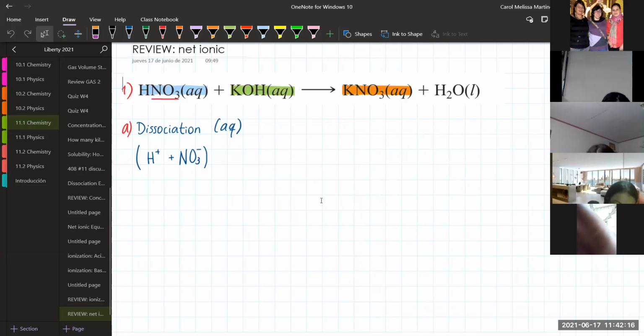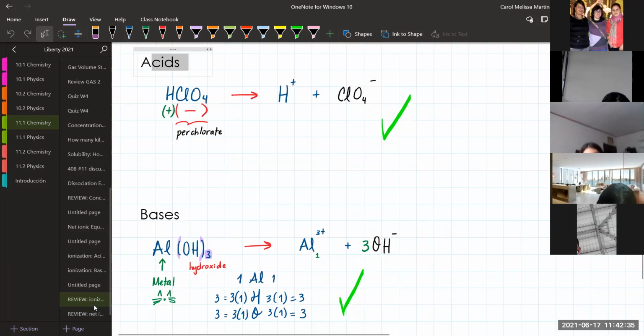We continue with the second compound. We have KOH, okay? OH is going to be the anion. And this OH tells me that it's a base.